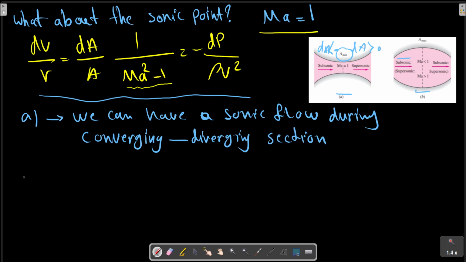And then the second one: a compressible gas can pass through a throat section without becoming sonic.